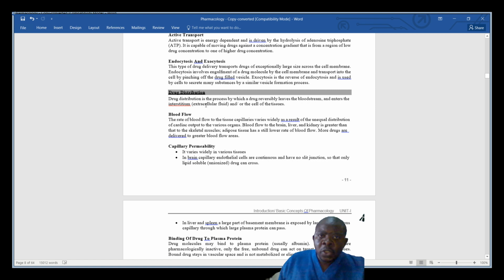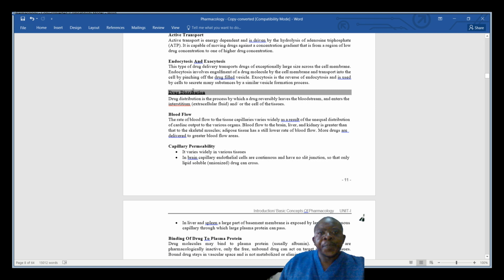Drug distribution is the process by which a drug reversibly leaves the bloodstream and enters the interstitium, that is the extracellular fluid, and/or the cells of the tissue. The drug is being distributed.